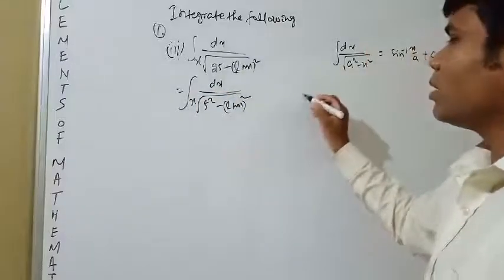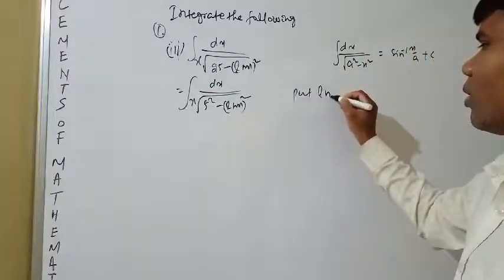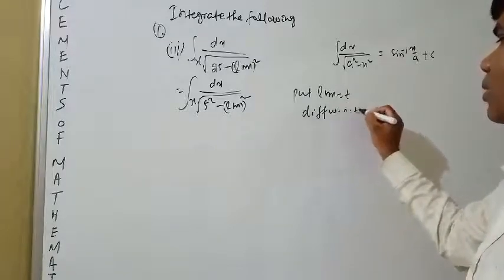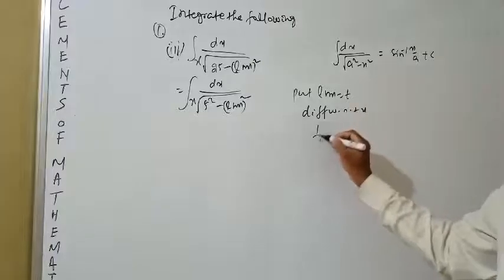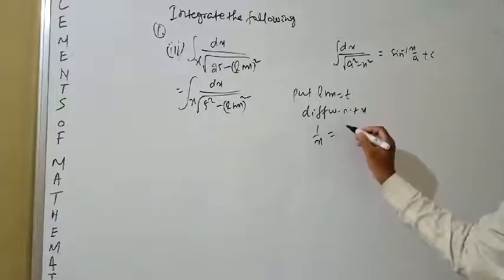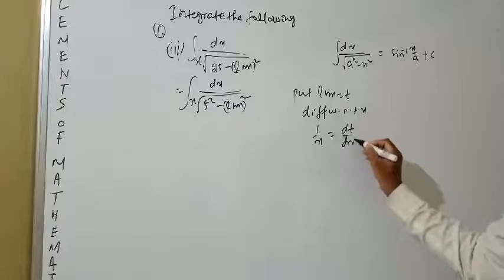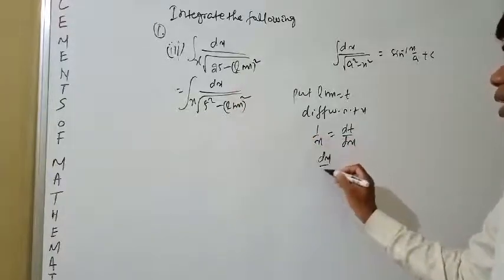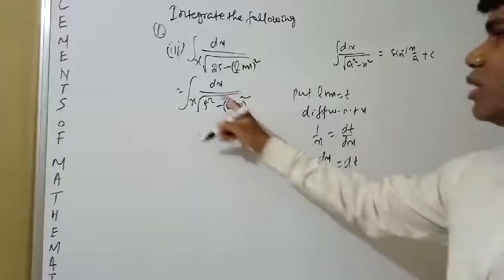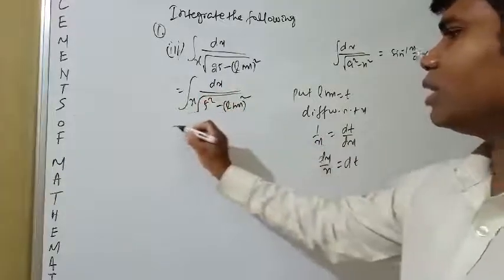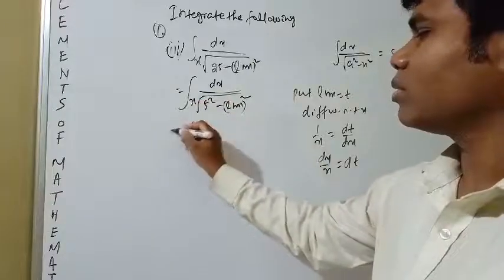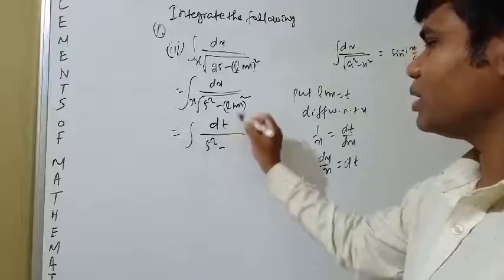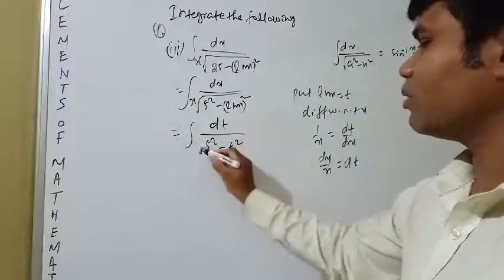Now you put ln x is equal to t. Differentiate with respect to x: the derivative of ln x is 1 by x, and the derivative of t with respect to x is dt by dx. So dx by x is equal to dt. This becomes integration of dt by root over 5 square minus t square, where we have taken ln x is equal to t.